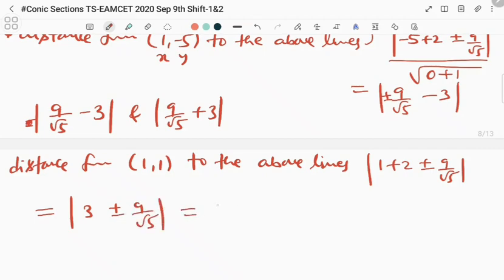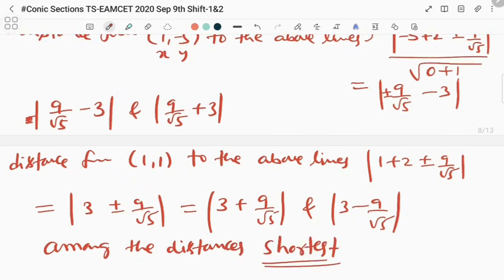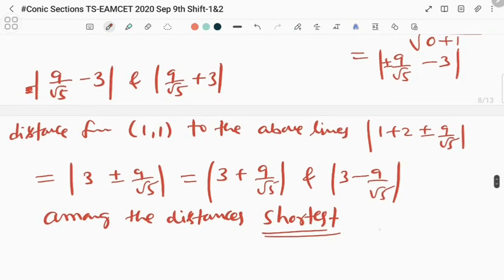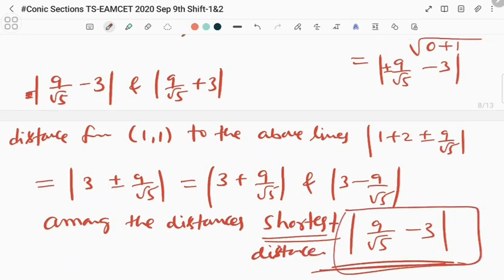So you will get it as 3 plus 9 by root 5 and 3 minus 9 by root 5. So among the distances, shortest we want. Shortest means minus value will come, mod 3, 9 by root 5 minus 3. Okay, the answer is 9 by root 5 minus 3, dear students.